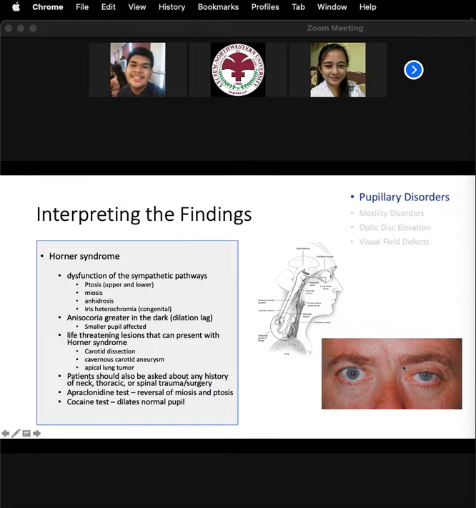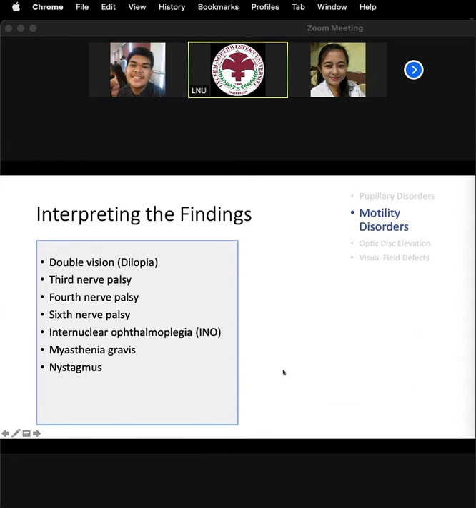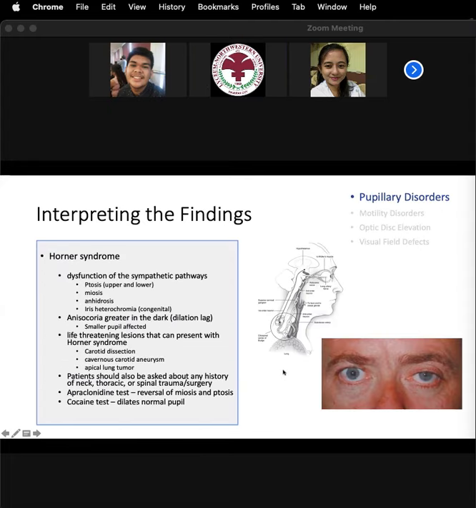Miss Shaina, Sophia, and Brada, are you here? No? Shaina. Yeah, right or left eye, which one is abnormal? And can you point out the abnormalities?